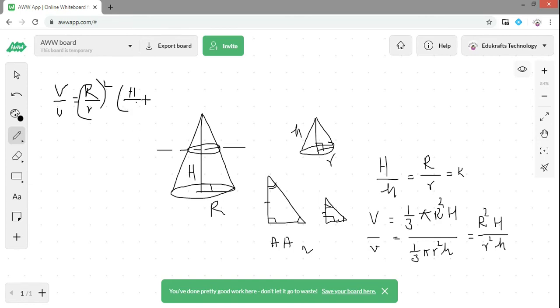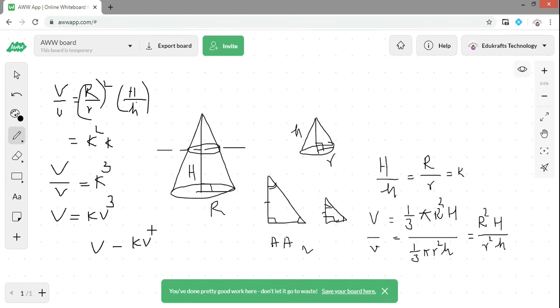Both R by r and H by h are represented as k, so it is k square times k, which becomes k cube. For those who have studied the idea of similarity, they understand that the ratio of the volumes is the cube of the scale factor, the ratio of the surface areas is the square of the scale factor, and the ratio of the dimensions is the scale factor itself.